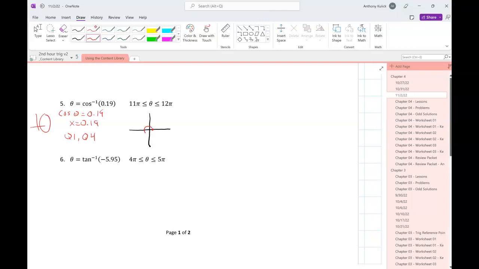So half, 1, 1.5, 2, 2.5, and so on, up to 11, 11.5, to 12. So we covered quadrants 3 and 4. So where's my answer at? It's in quadrant 4.